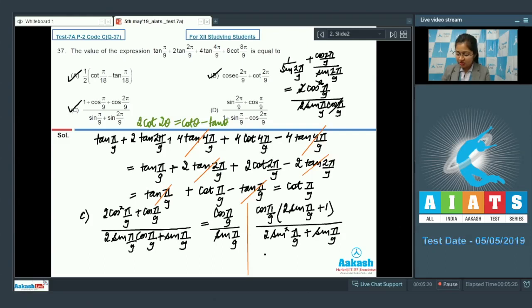Here also in the denominator, if we take sine pi by 9 common, 1 plus 2 times sine pi by 9 will get cancelled, and we will be left with cot pi by 9. So option number D is also correct, which means that the answer of this question will be A, B, C and D options.